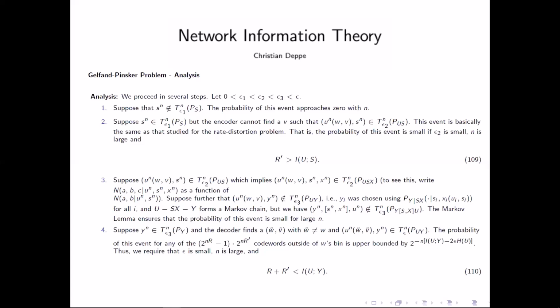Then the third case. In the third case, we assume that U^n and S^n are jointly typical.